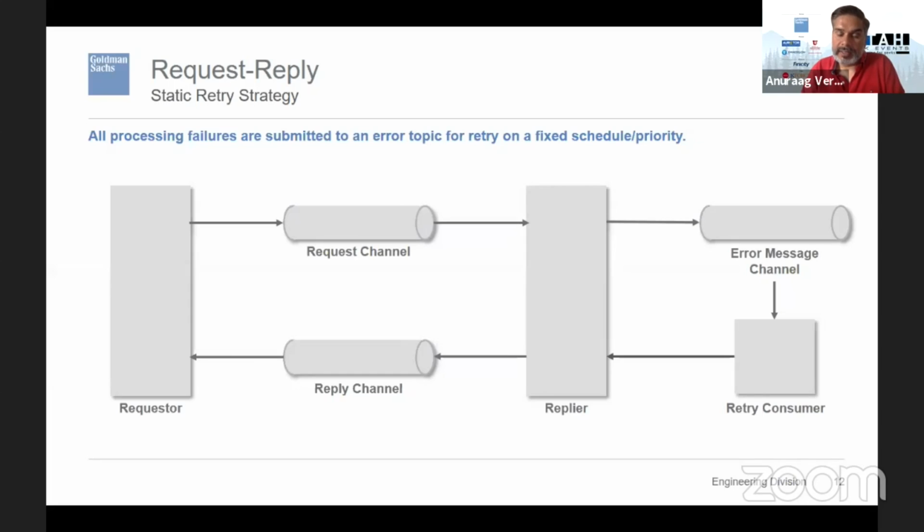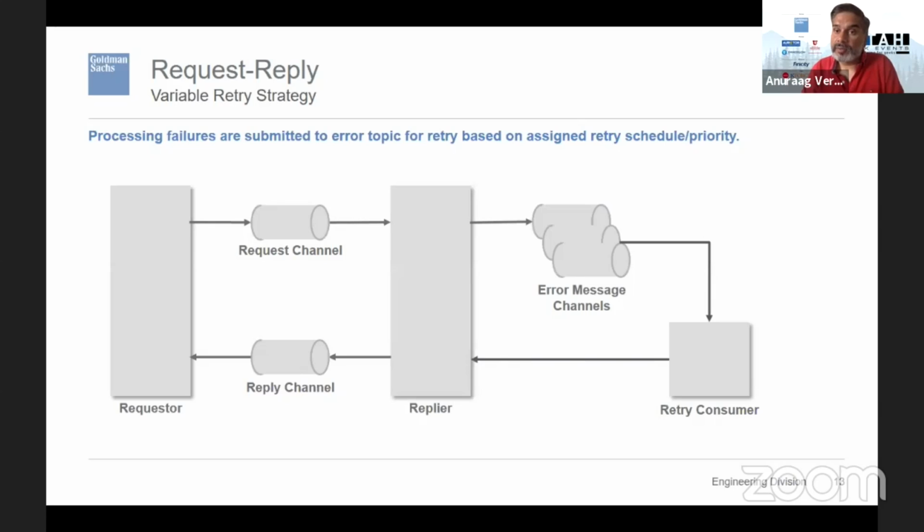Generally, if you're using a dedicated single error or bad message channel, you can use a static retry strategy, and you can retry any failed message on a periodic basis based on your use case. But sometimes that's not enough, and sometimes you need to do more than that, right?